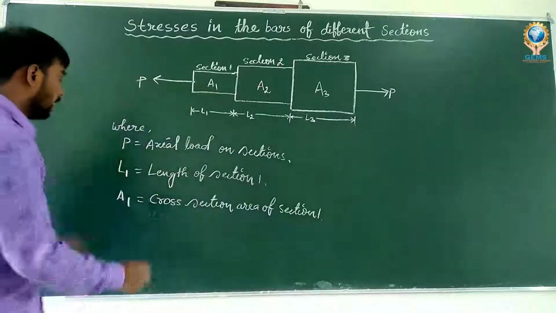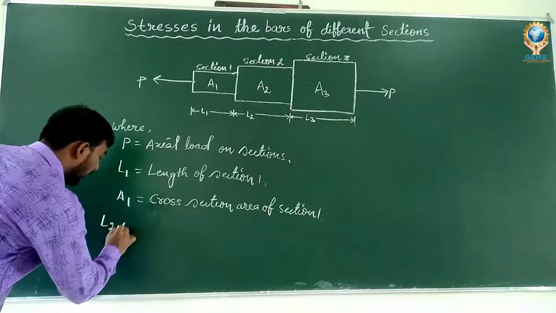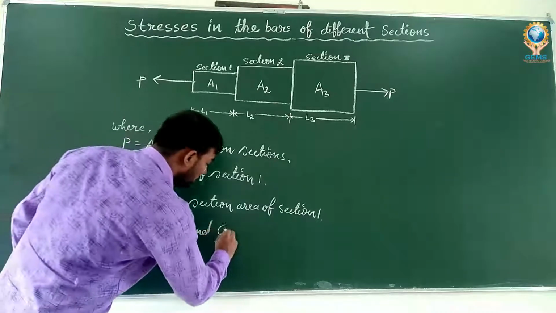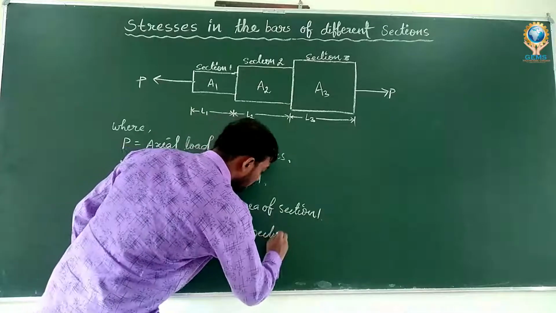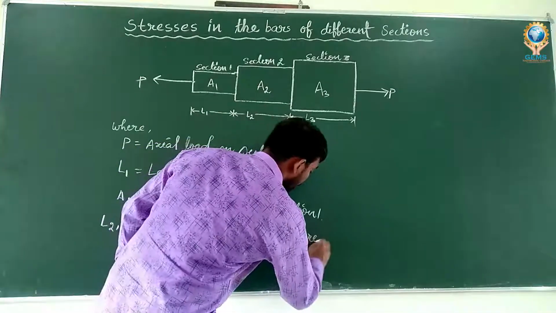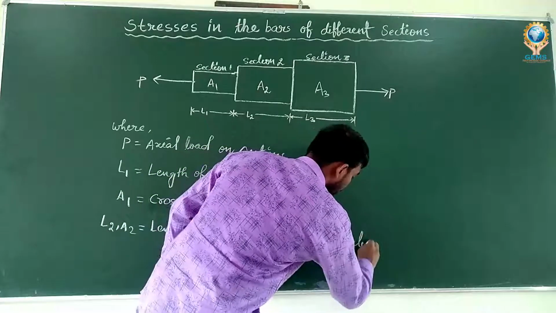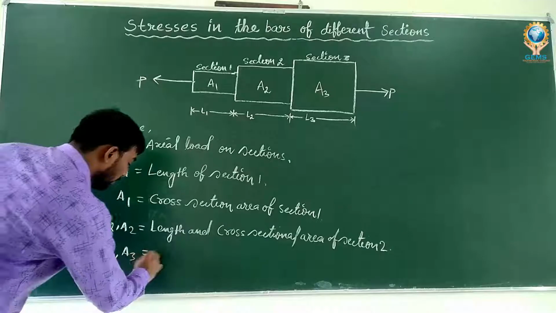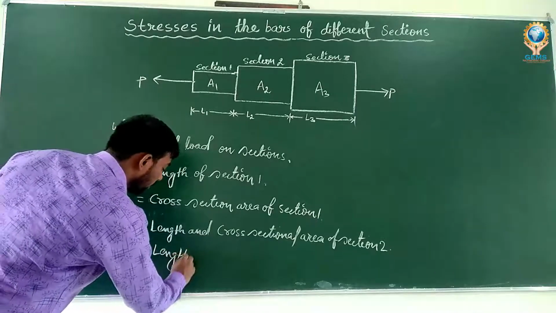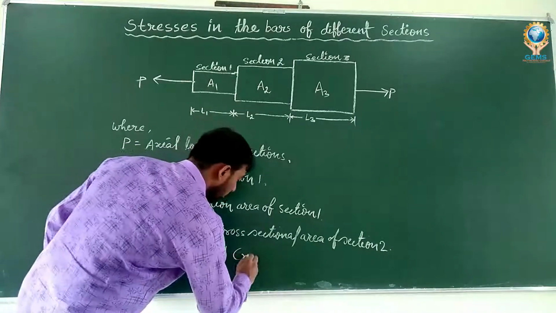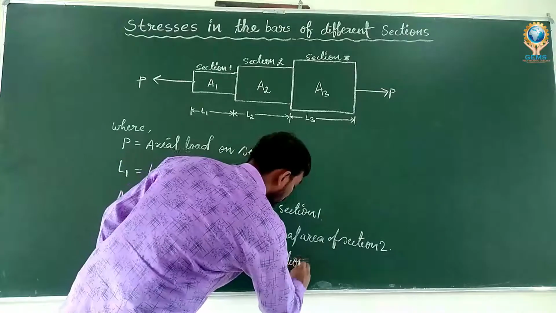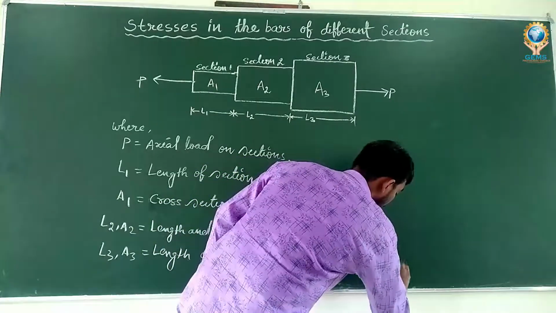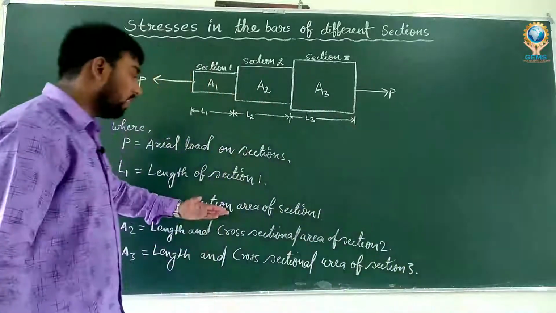Similarly, L2 and A2 are the length and cross sectional area of section 2, and L3 and A3 are the length and cross sectional area of section 3.